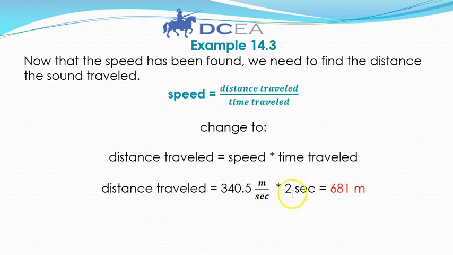So we'll substitute 2 seconds right here for the time traveled, and 340.5 times 2 is 681 meters, and it's no longer meters per second because you can cancel the seconds out of the equation.